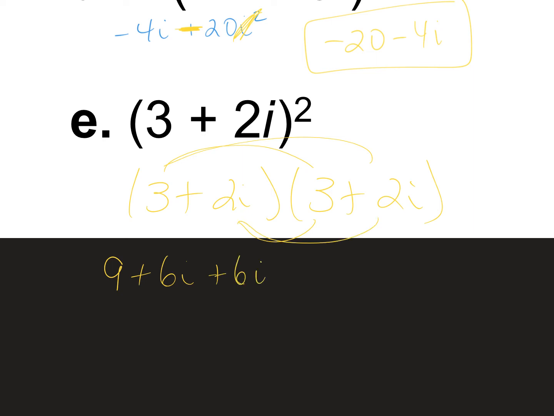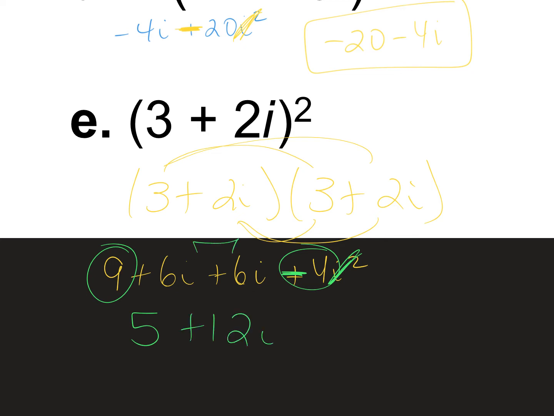And 2i times 2i is plus 4i squared. What do you do with the i squared, guys? Cross it off, change the sign. So real with real, what's 9 minus 4? And 6i and 6i is? There you go. Good, 12i. Do we remember this from LQ2? Okay, good. Woo!